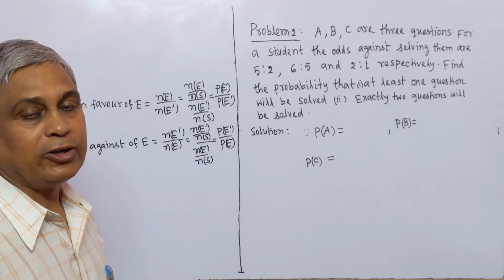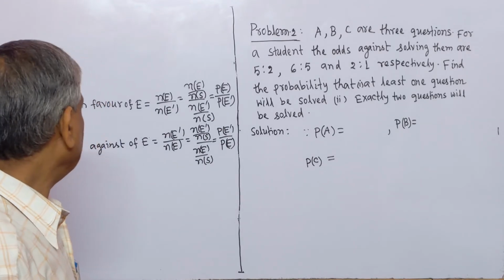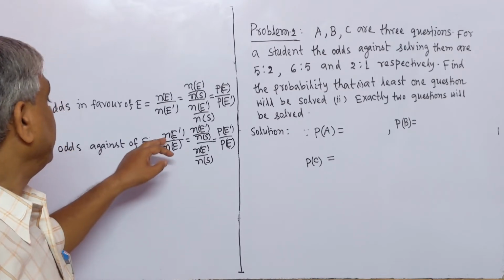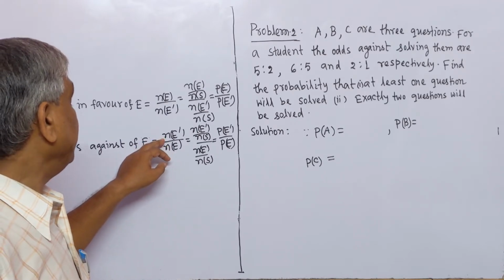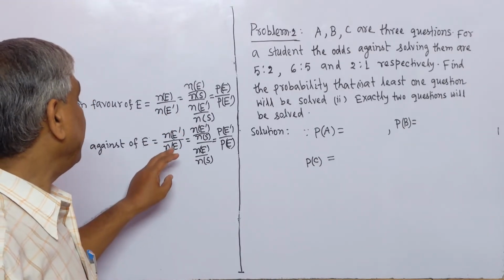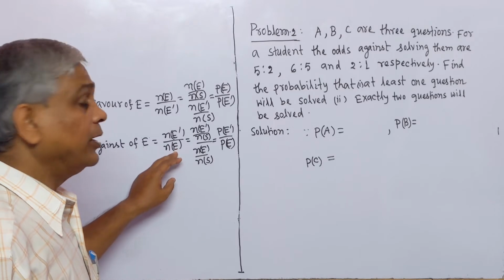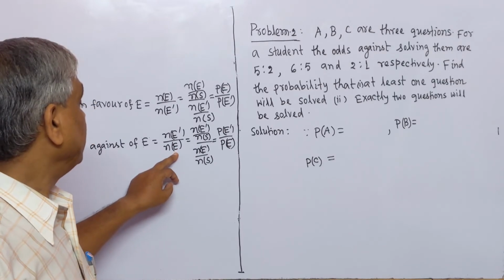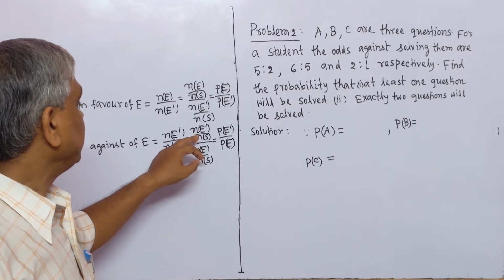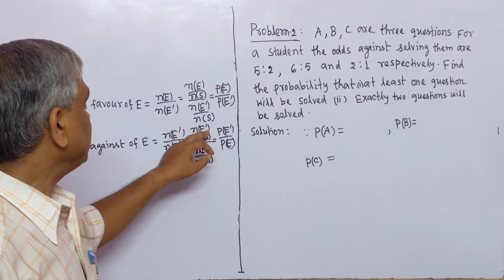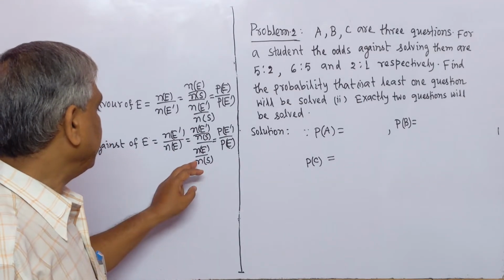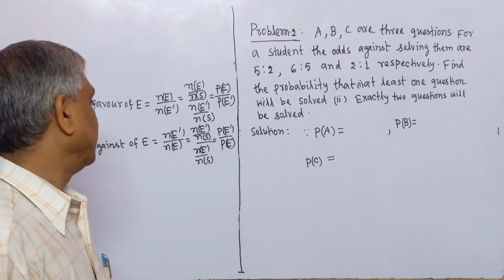PE means probability of E. Odds against E is the number of elements in the complement of E by the number of elements in event E. If we divide both by NS, we get NE prime by NS equal to PE prime, probability of E prime, and here this is probability of E.